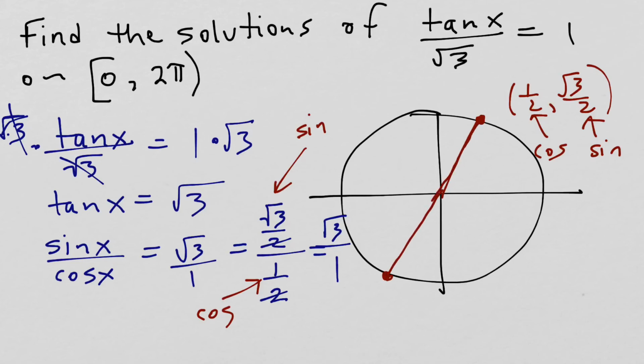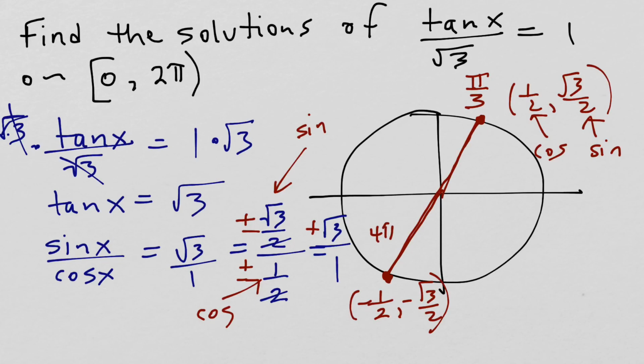All right, so just straighten that line out. We've got that down here. We've got two negatives this time. So we've got cosine is negative 1/2 and sine is negative root 3 over 2. So it doesn't really matter whether you've got the plus or the minus, because a minus over a minus is a plus, and a plus over a plus is a plus. So both of those angles right there. So this one here would be pi over 3, and this one right here would be 4 pi over 3.